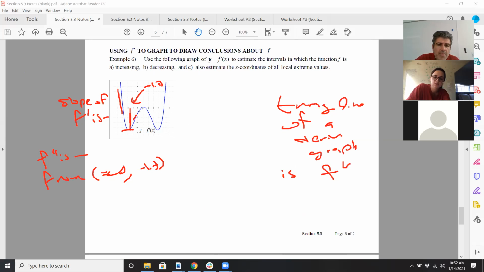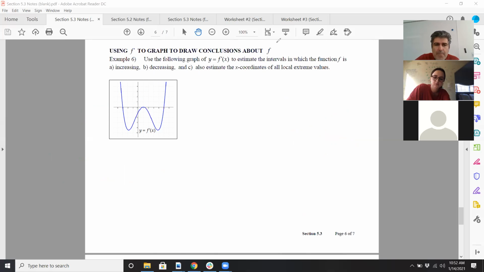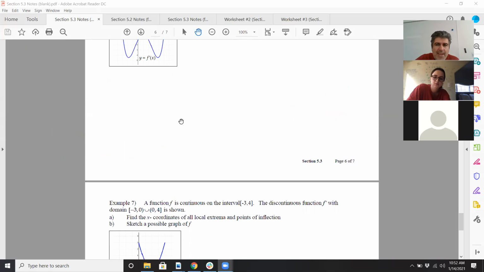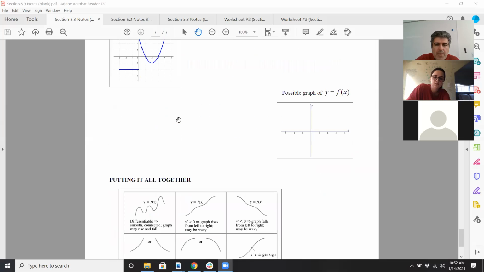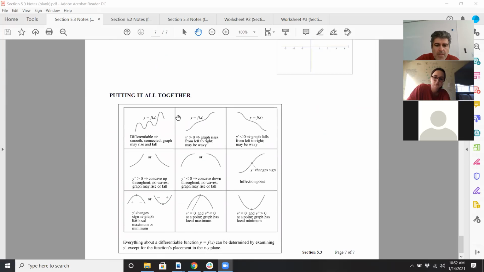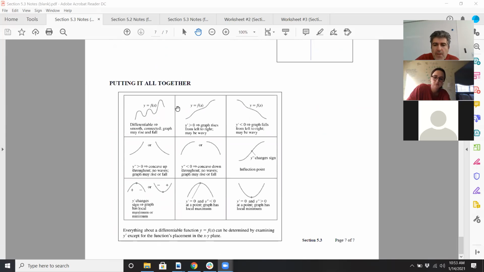And then all of a sudden, the slope of F prime is positive here, then the slope of F prime is negative here, and so forth. So that's how you have to kind of look at it. But I don't know if we're quite ready for that yet, so I'm going to hold off on that. But this is kind of putting it all together.